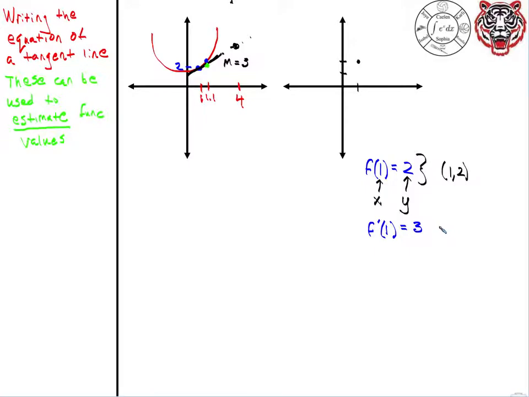And that's telling us that the slope at that point is equal to 3. And then we could make that line, the same line, over here. Maybe I should do that in a different color. That slope at that point is 3.